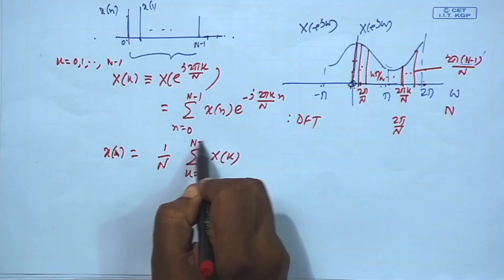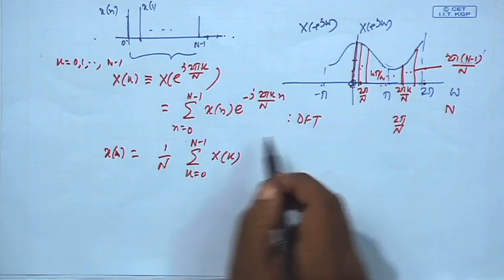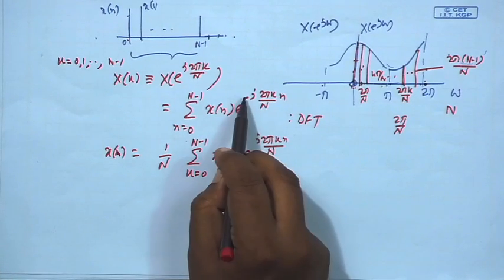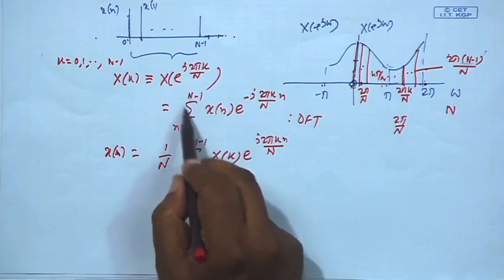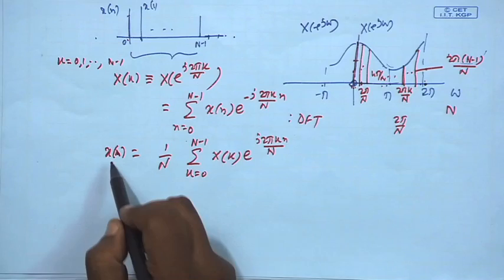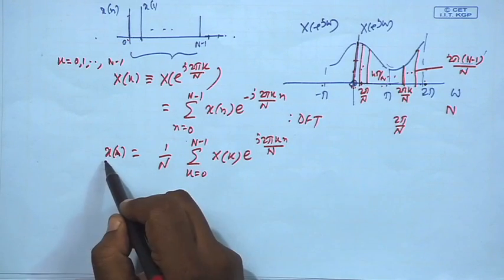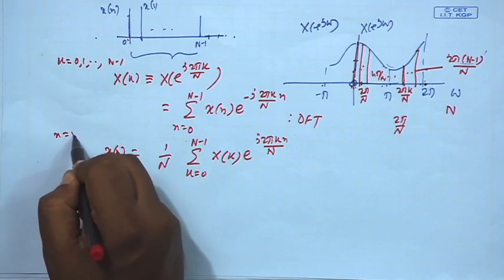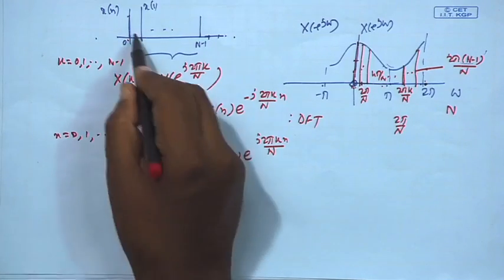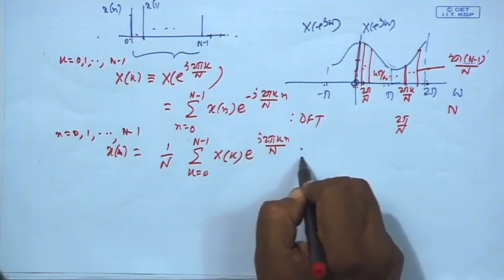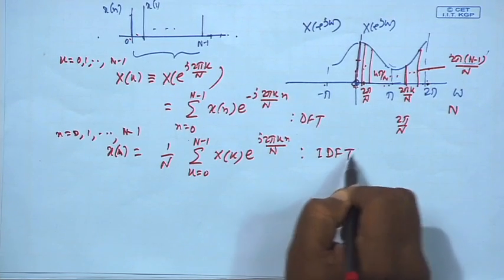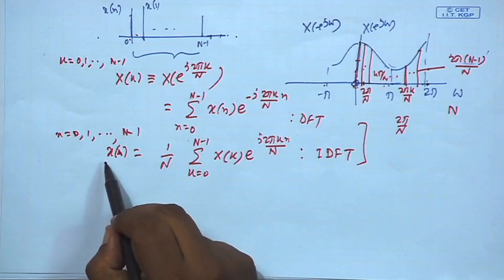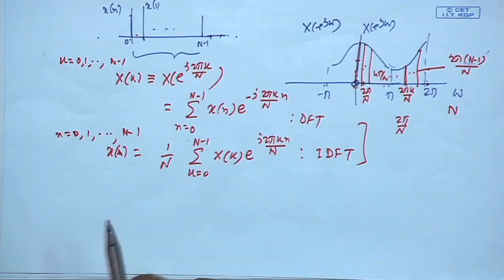So, k also ranges from 0 to N minus 1, and this formula e to the power j 2 pi k n by N, here it was minus, it is plus, here it was summed over n, it is summed over k, here small n is your choice fixed from outside, k was your choice fixed from here, n also is from 0, 1, as given here, N minus 1. This is called inverse DFT, IDFT. Okay. So, that means I can get back my original x[n] from the DFT only.